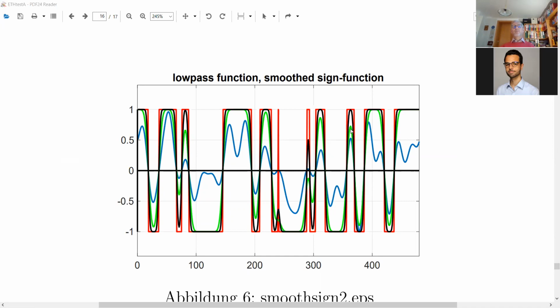Actually, I was using my discrete Gauss function, compressing it, so I was smoothing with it. The green curve is smoothing with a narrow Gauss function, and the black one is smoothing the red curve with a very, very narrow Gauss function.